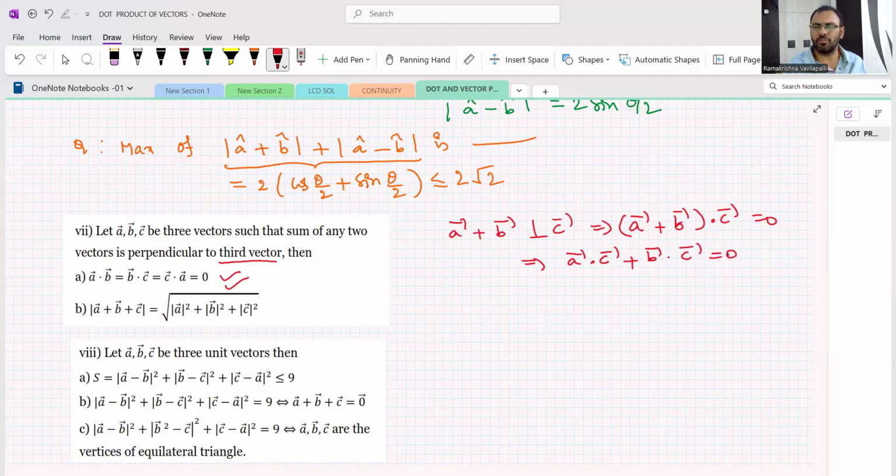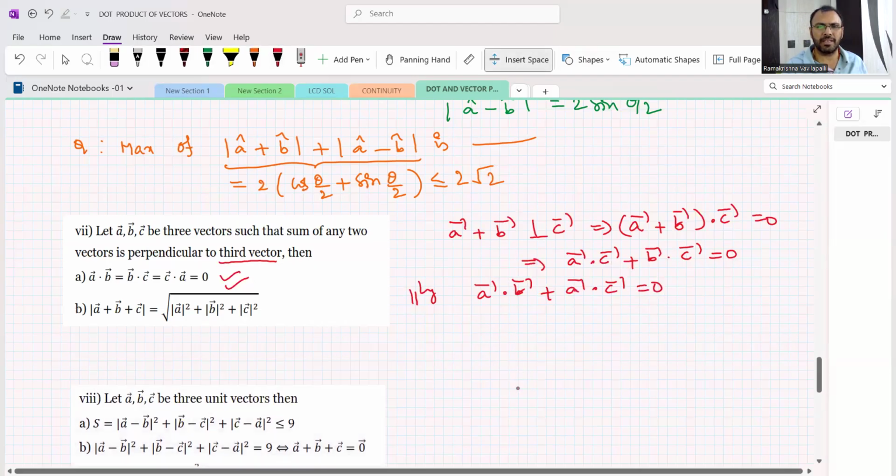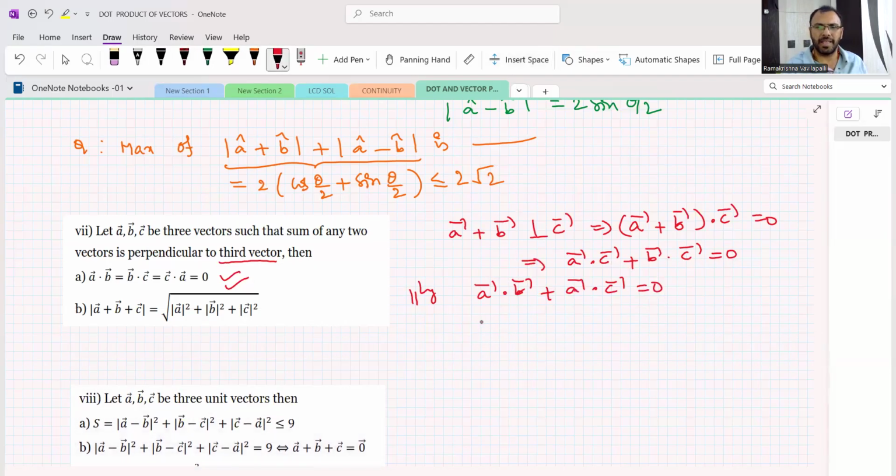Of course, proof is quite simple. Similarly, you can write the remaining: A bar dot B bar plus A bar dot C bar equal to 0. And the other combination easily you can write here: B bar dot C bar plus B bar dot A bar equal to 0. So this is 1 and this is 2 and this is 3.